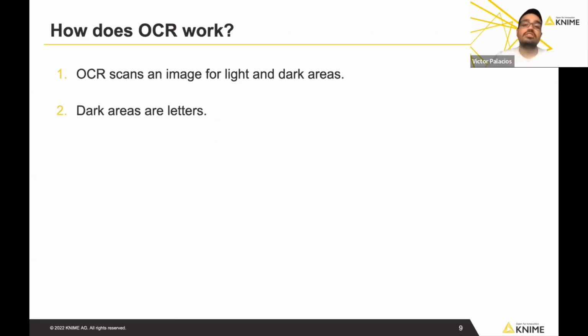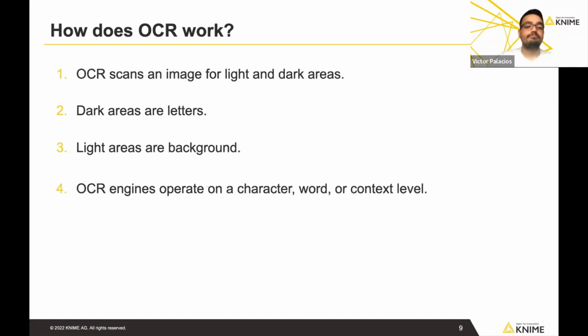And so it will focus its attention there. And of course, the light areas must be the background. So maximum differentiation between the light and dark areas is going to help improve your OCRing. And the OCR engine can operate on character level or word level or even context level, depending on how sophisticated that engine is. Remember that a lot of the OCR engines that are out there are free.